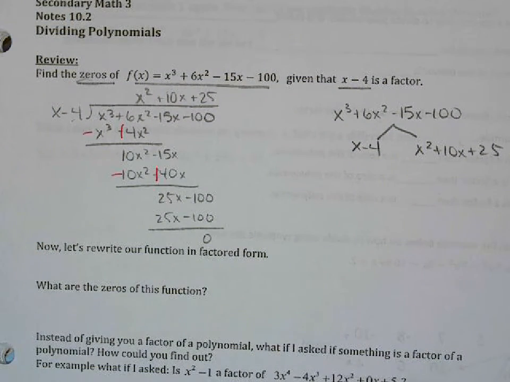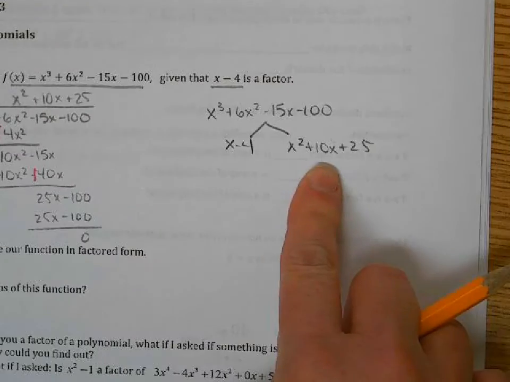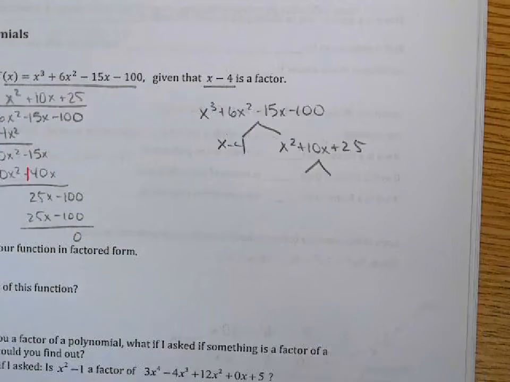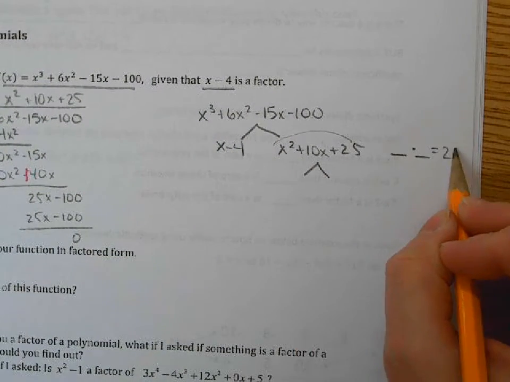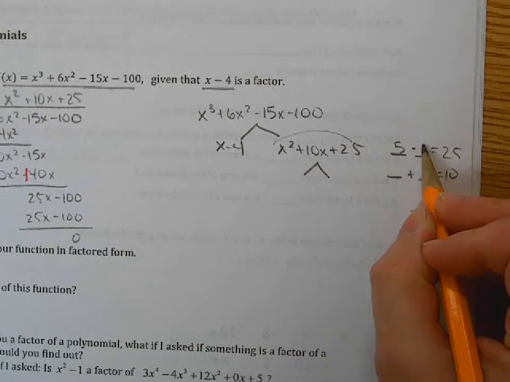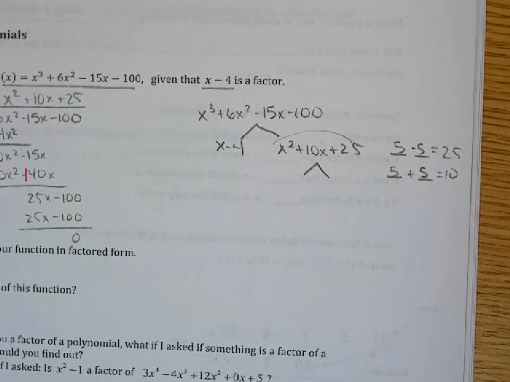Then I asked myself, can I break it down even more? Yes, because this side has an x squared. But this is for factor by grouping. How do I start that? I do a times c, what multiplies to 25 and adds to 10? 5 and 5. Then you ask yourself, can I use the shortcut?